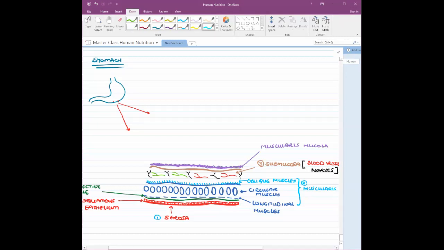So what is this lamina propria, guys? This acts as a kind of base, because on top of this, once again, you are going to have certain cells. Let me show you. So once again, this is nothing but the lamina propria.